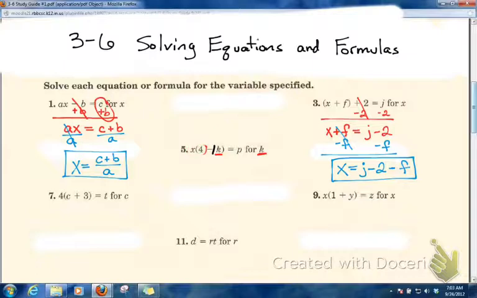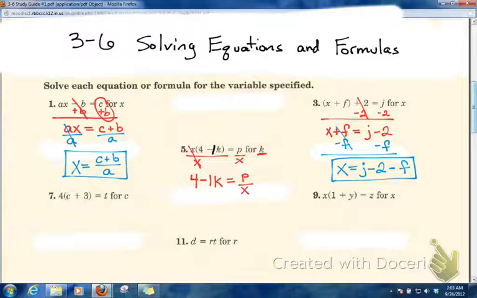Well, that means that that's what we're going to take care of first. The fact that everything is being multiplied by x means that's the first thing I'm going to get rid of by dividing everything by x. The x's cancel. I'm left with 4 minus k, or 4 minus that 1k, I'm going to write 1k, equals, and on the right side here we have p over x.